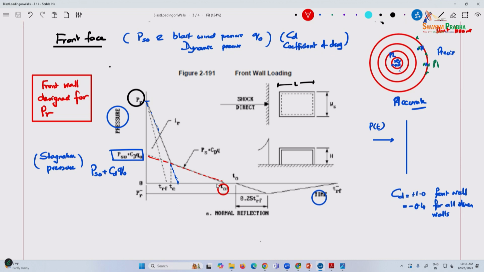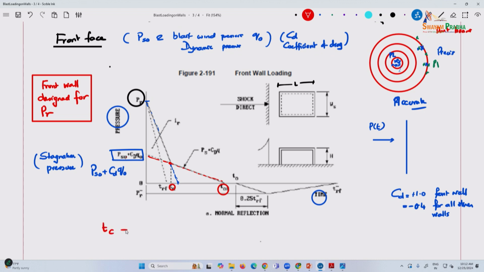The load duration is more here. Now, the point where the pressure PR reduces to the curve that represents the stagnation pressure, the peak value on the left side, this blue one, which goes to 0 till here, is the point which is called the clearing time.